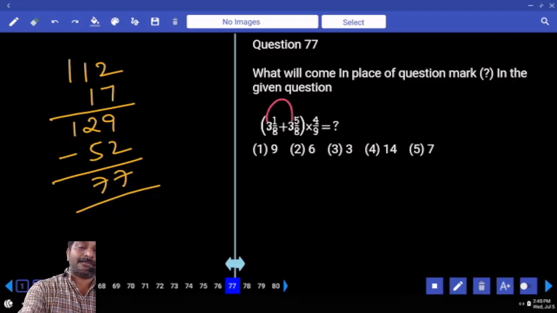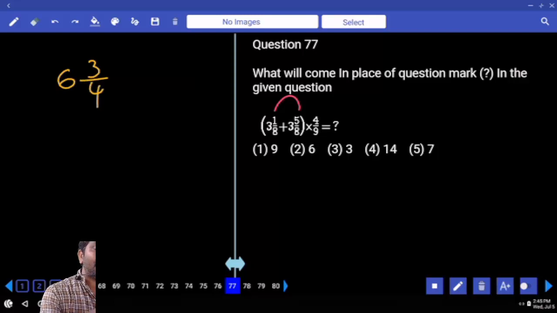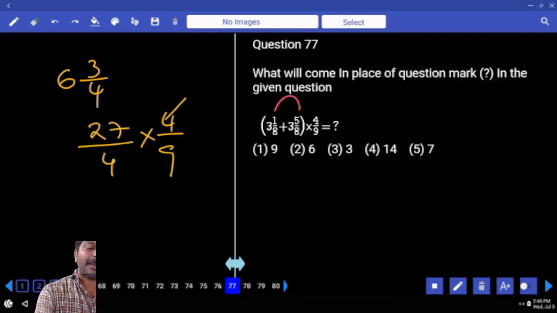3 plus 3. Fraction 1 by 8 plus 5 by 8. Simplified 3 by, that means 6 3 by 4 only. 6 3 by 4 convert into mixed fraction to improper. 27, and after braces you have 4 by 27 by 9.